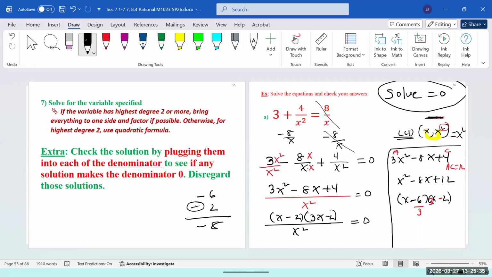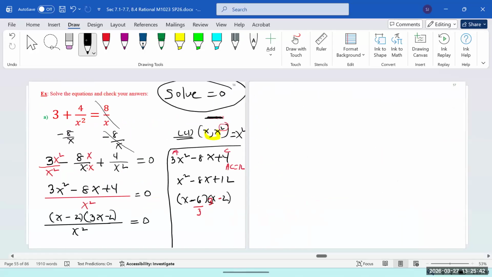And with this, we are done with addition subtraction. And now we are going to go to the solving part. So solve starts from here. We take the numerator equals 0. So our numerator is x minus 2 and 3x minus 2.